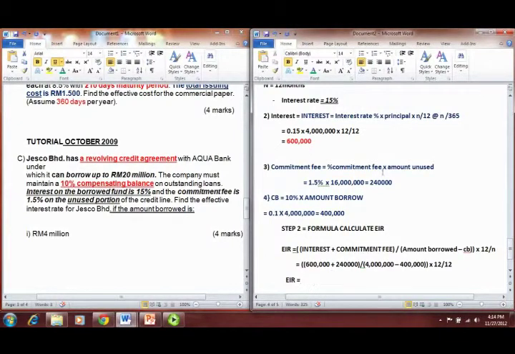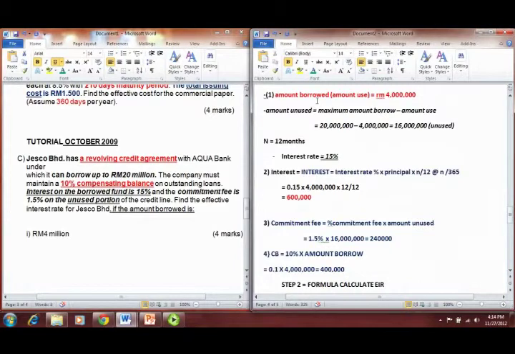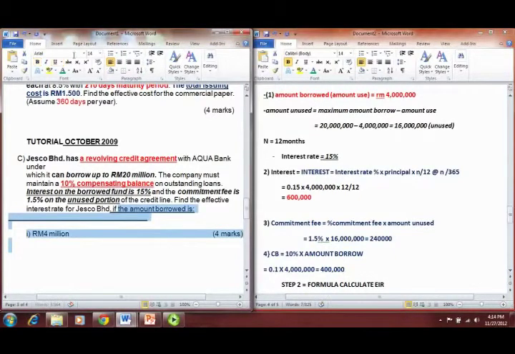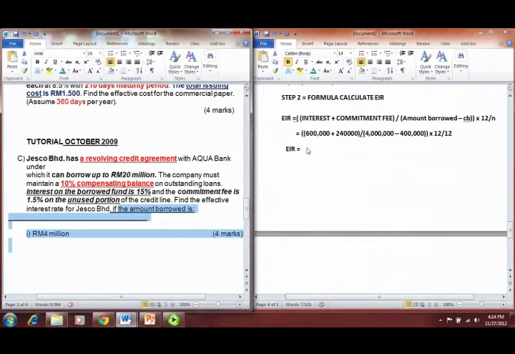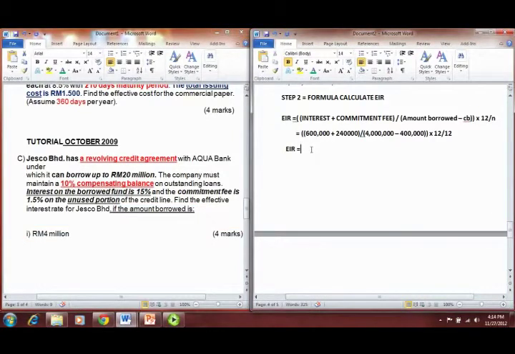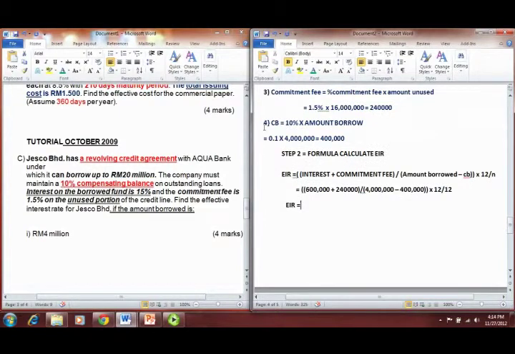Class, from where do I get the 4 million? Yes, based on your information: amount borrowed 4 million. Then you divide by 4 million minus your CB that you get from your information number 4. So the answer here is 0.2333, which means we call it 23.333%.